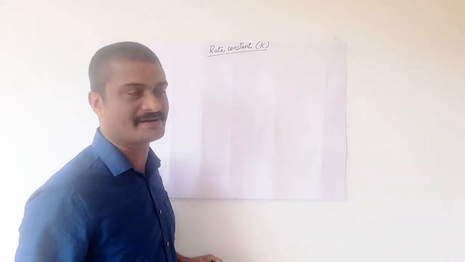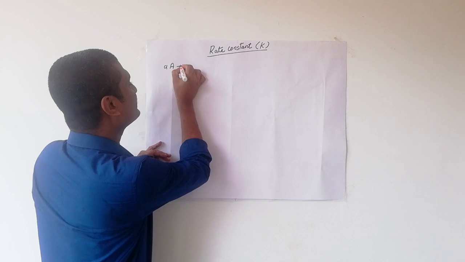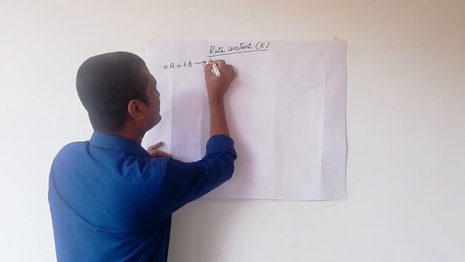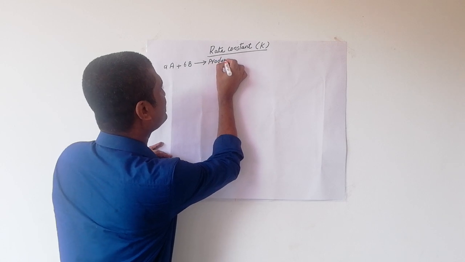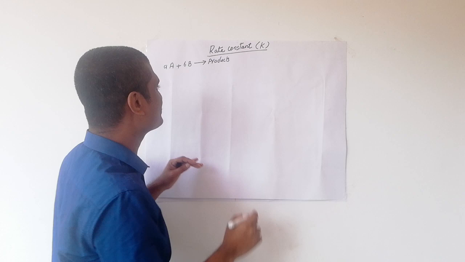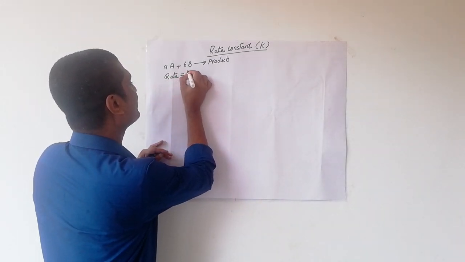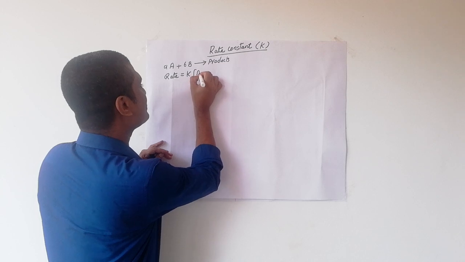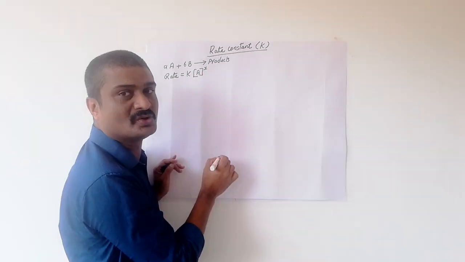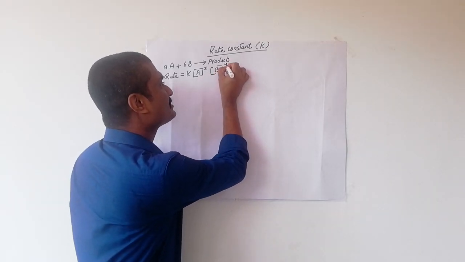For a general reaction, a moles of A reacts with b moles of B to form some product. Its rate law is, we know, rate is equal to K into the molar concentration of the reactant A raised to x into the molar concentration of the reactant B raised to y.